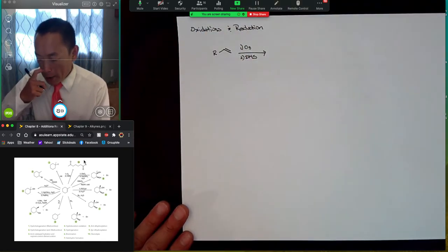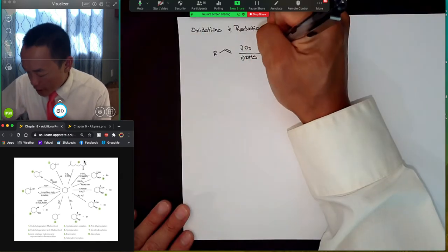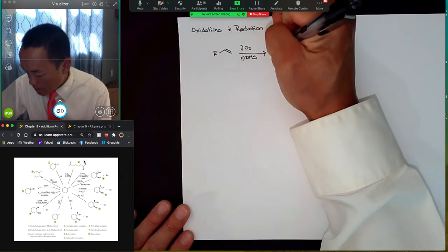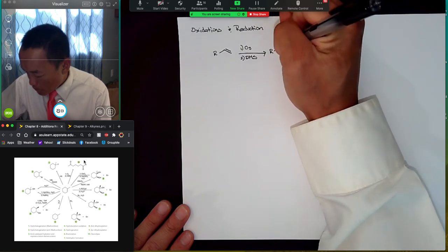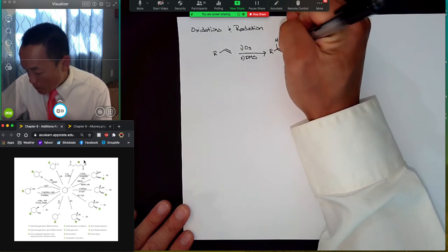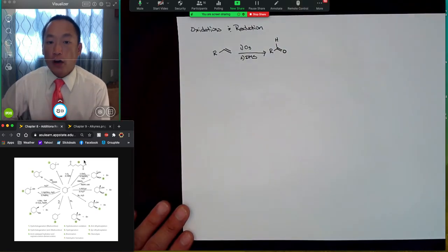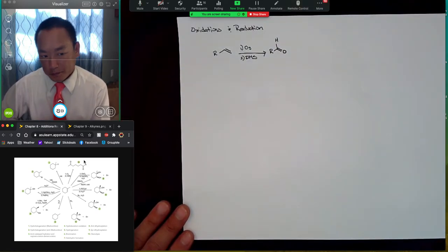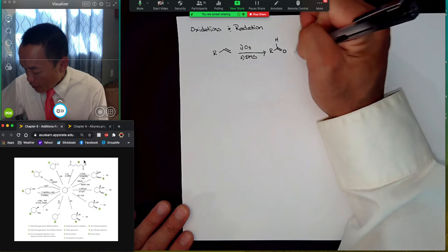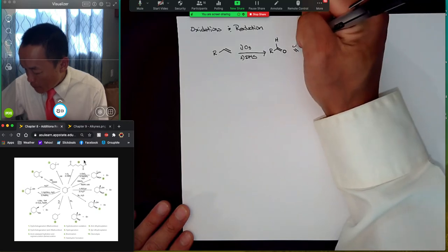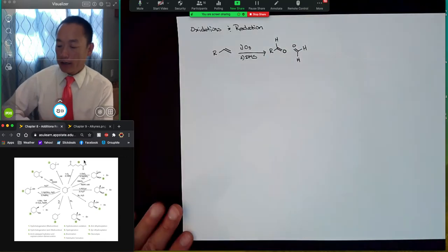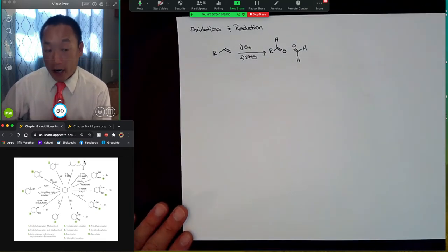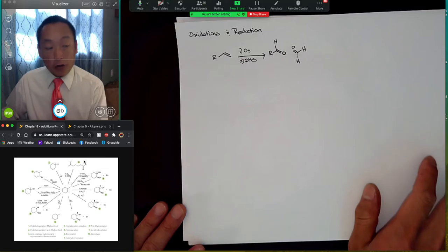And what we're going to end up producing is one aldehyde and another aldehyde, formaldehyde, as our product. So let's work through this.